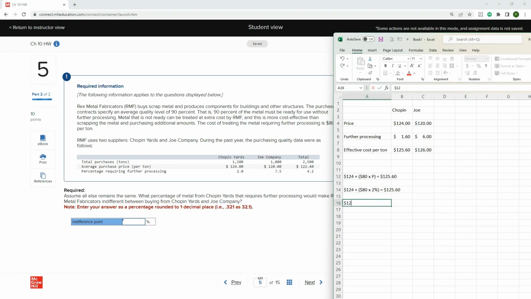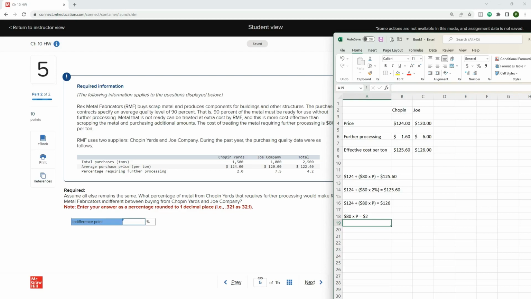So that would be 124 plus $80 times P equals 126. So basically what that means is at what percentage will Chopin's cost equal Joe's cost? To do the math, we're going to bring the 124 to the right side. So we're going to be left with 80 times P equals $2, because 126 minus 124 is 2.